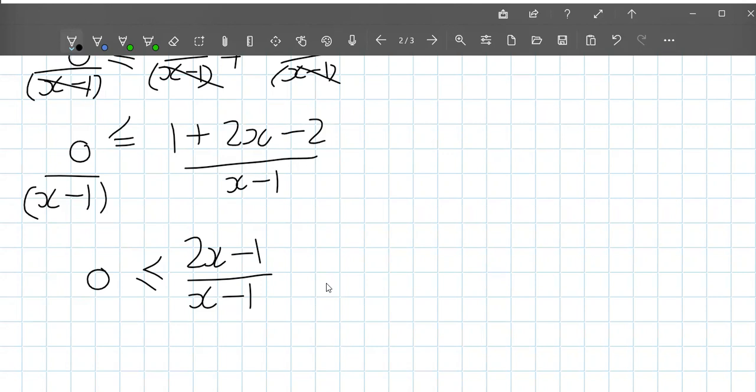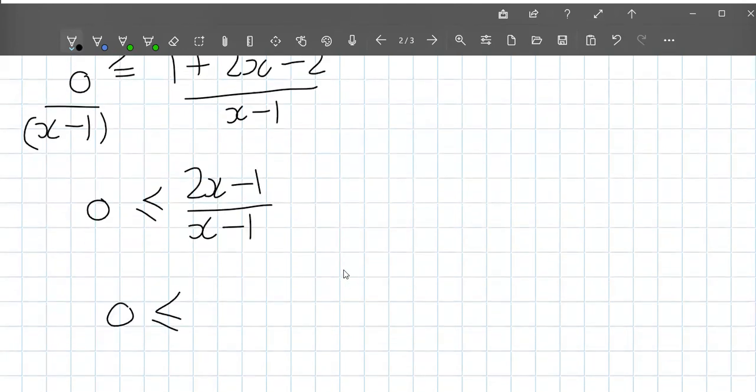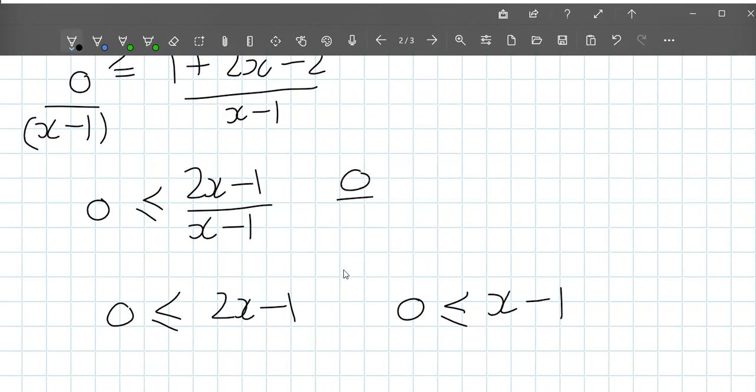If we take the critical values of it, we can split this up. So we can say that 0 is smaller than or equal to 2x minus 1, or 0 is smaller than or equal to x minus 1, because one of these has to be 0 in order for this to be true.